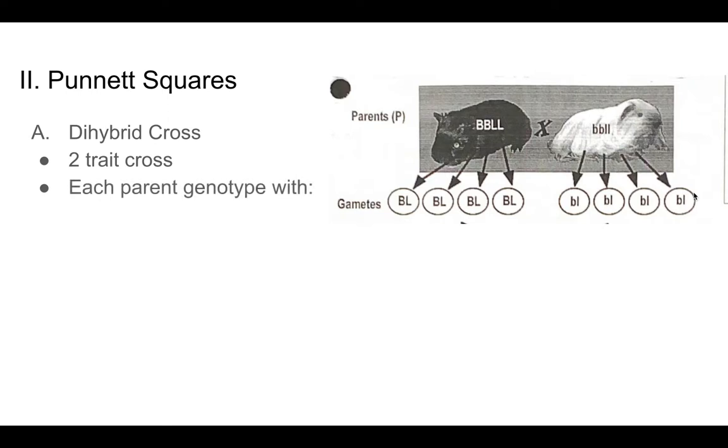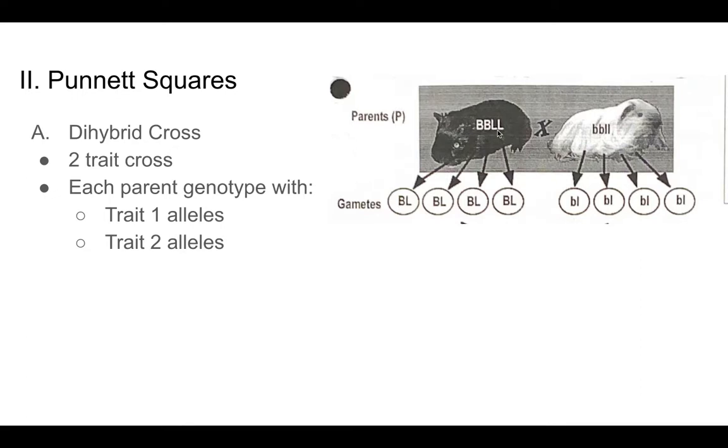Each parent's genotype in a dihybrid cross, going back up here to this parent genotype, will be 4 letters. Those letters are the pair of alleles for trait number 1, which in this case are the B's, and the pair of letters representing trait number 2, which in this case is represented by the L's.